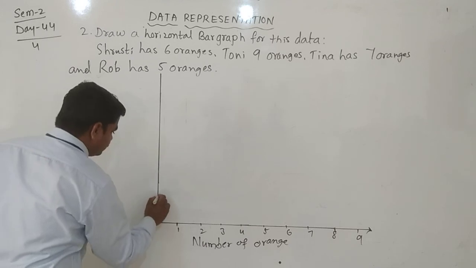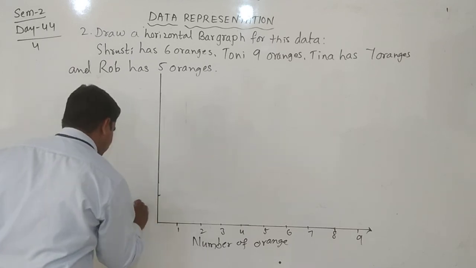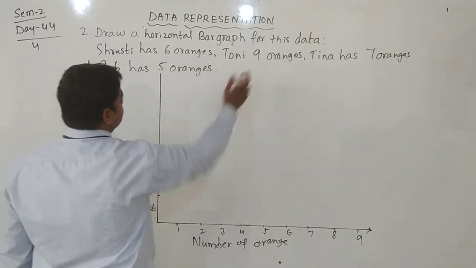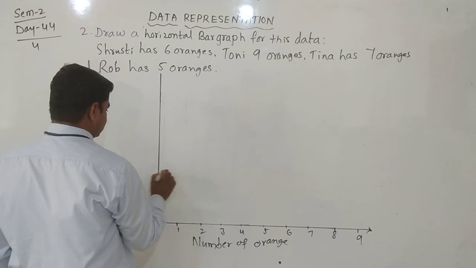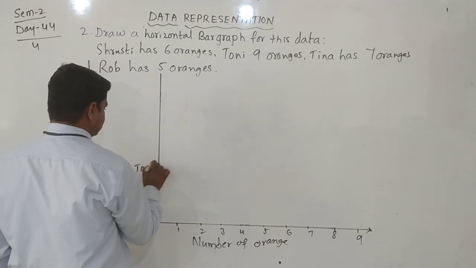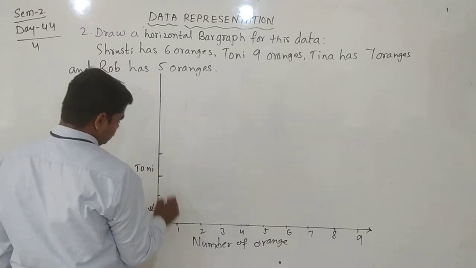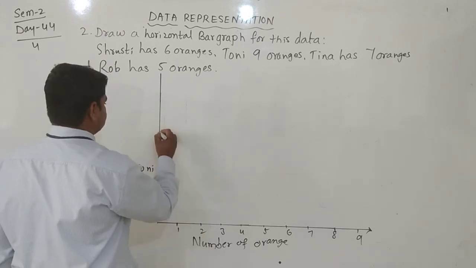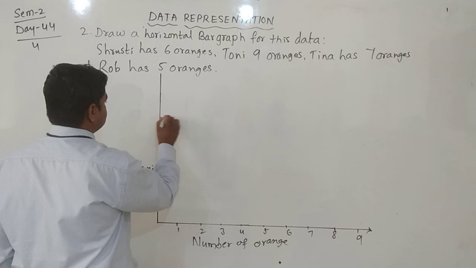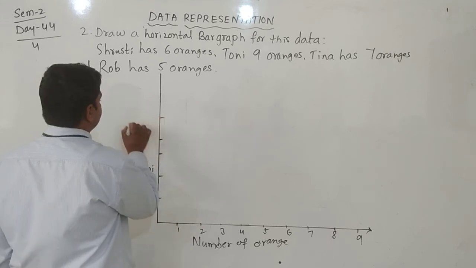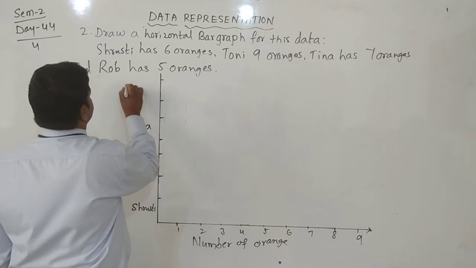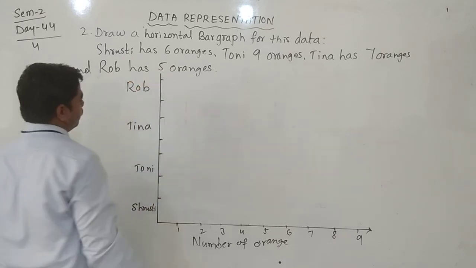Here the first one, Srushti. Next is Tony. Next, this is Tina, and the last one is Rob.